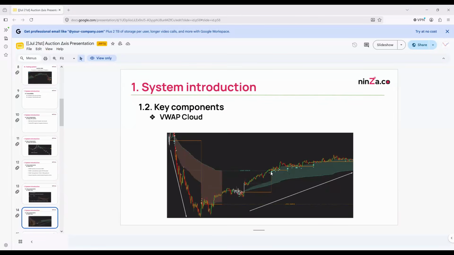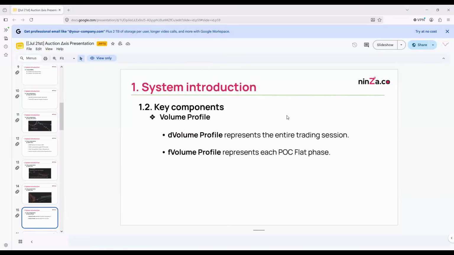Now, those dots represent support areas, like swing pivot support areas in a market that's advancing, or resistance areas in the market that is declining. Okay, so we're going to see that in real time.